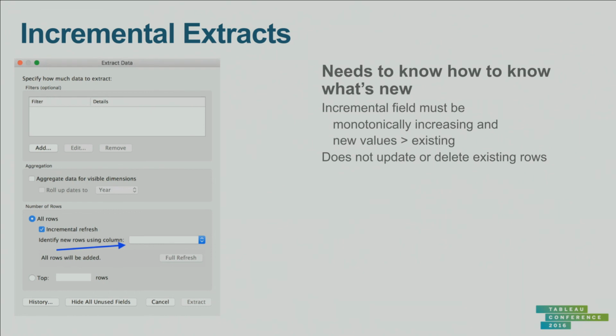The important thing to think about here is that Tableau will get everything after that indicator. Date is a very easy thing to use because it monotonically increases. There's always one more second in the future. What it will not do is notice that you've updated values behind this ID or this date. It won't go back and delete things or update values back there. But it will tack new information onto the end of your extract. So your extract will grow over time, but you don't have to send all the data every single time.